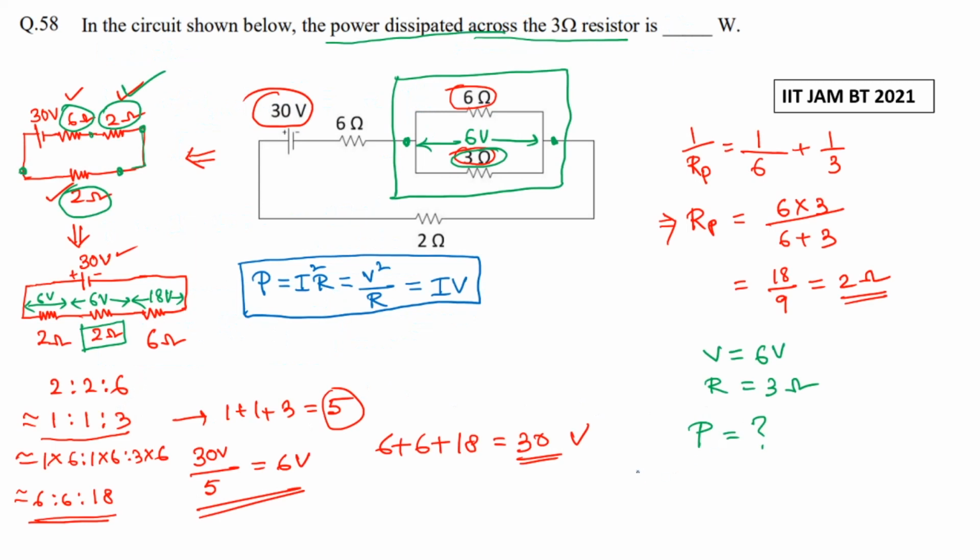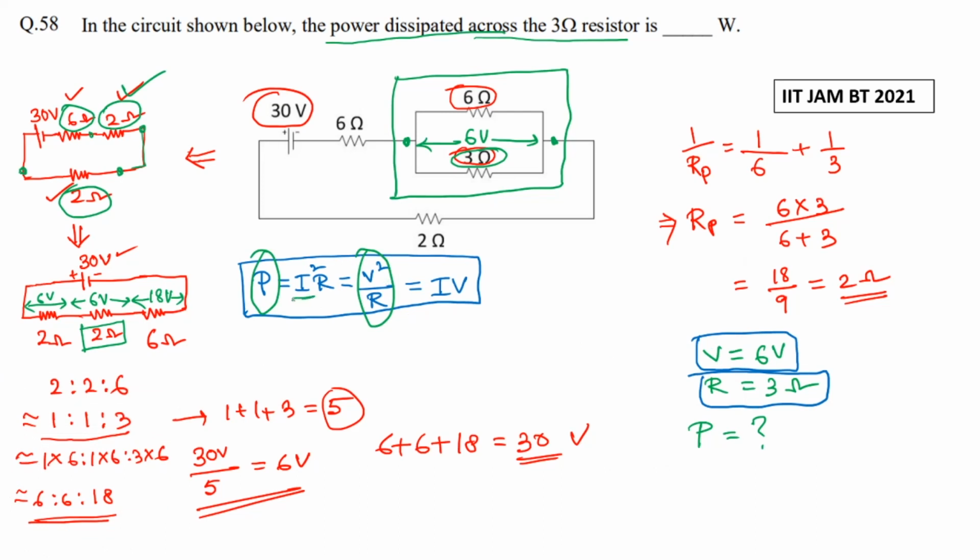So P equals, we need to use which one among these? See, here we have V equal to 6 volt and R equal to 3 ohm. So we need to use P equals V square by R, because we have V and R, right?